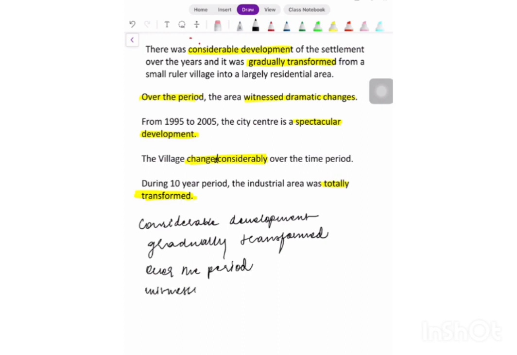So अब एक example में आपको एक map दिखाया जाएगा of a hospital and you'll be asked to summarize the information by selecting and reporting the main features and make comparisons wherever relevant. So let's look at it.